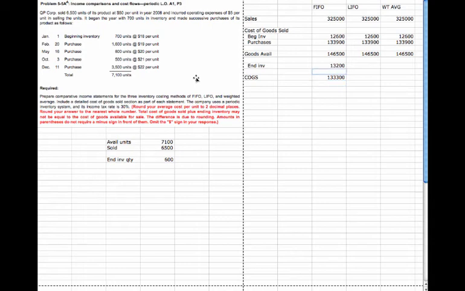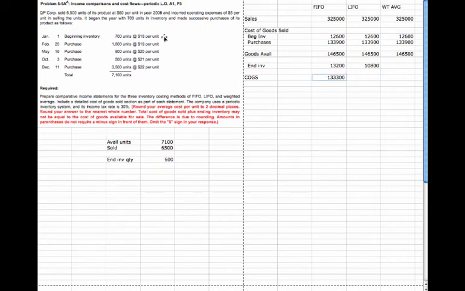Okay? Now, let's do that for LIFO. LIFO is going to be different. We still have 600 items left over, but now when we sell items, we're going to take the most recent purchases first. So in other words, what's left over is going to be the oldest items. So I'm going to have 600 items costed at $18 per unit. 600 units times $18 gives an ending inventory value for my LIFO method of $10,800.